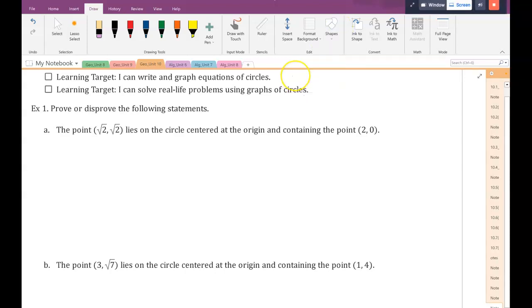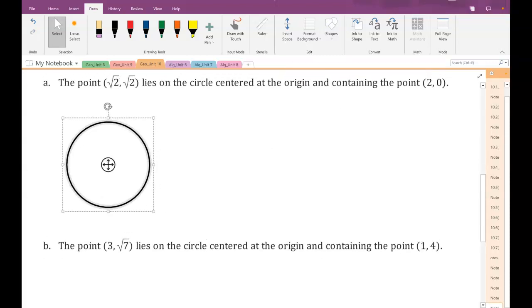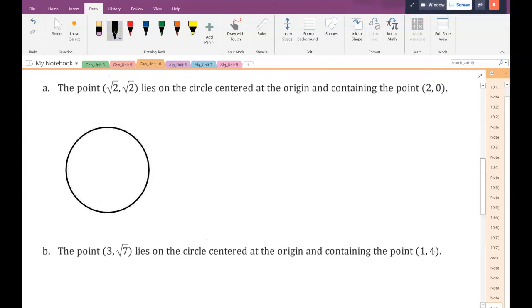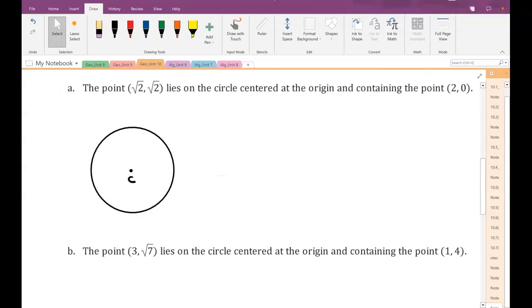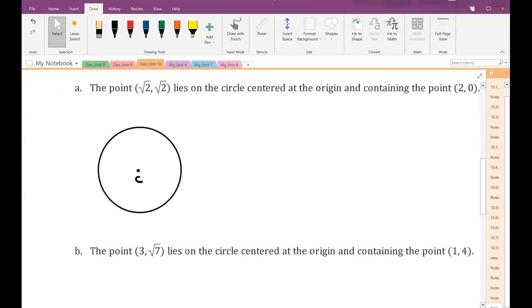I'm going to put another circle up on there so we can have a visual. Oh, nope, that's a rectangle. I want the circle. So we have our center right here. And we have a point on the outside, square root of 2 comma square root of 2.